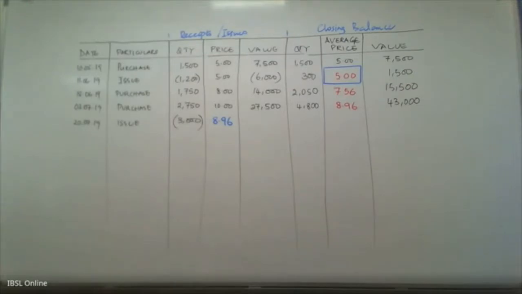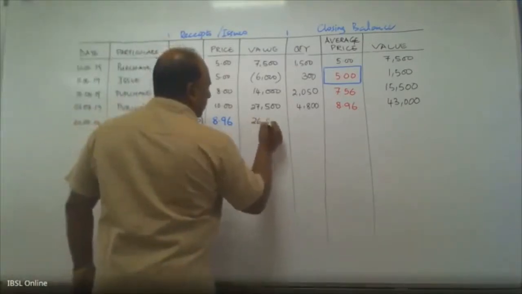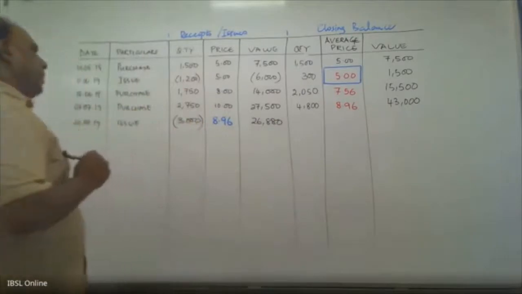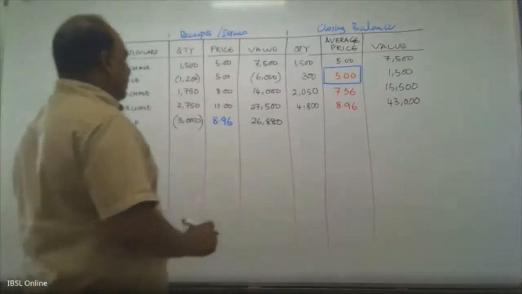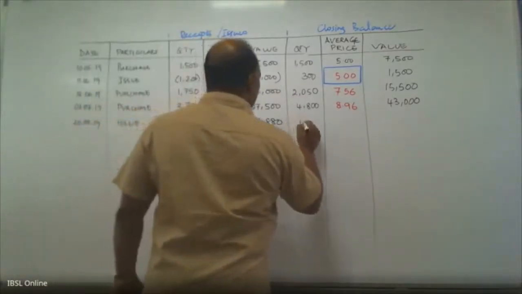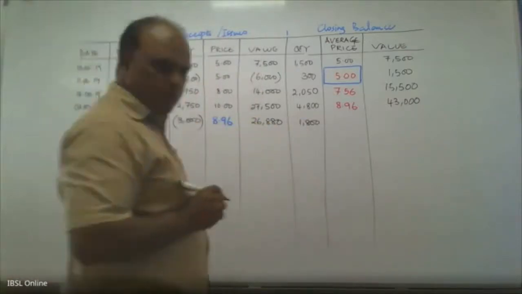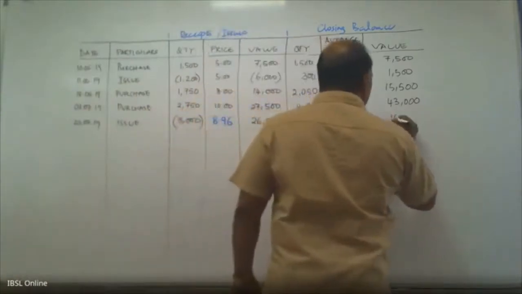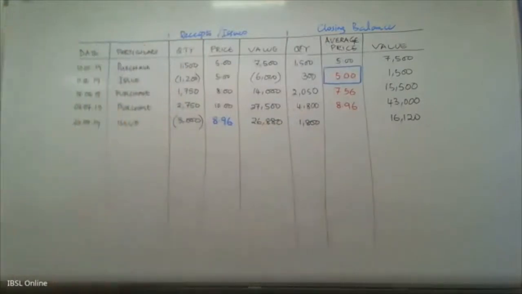So that is 26,880. Am I correct? 26,880. So which will make the closing units 1,800 and the closing value 16,120.